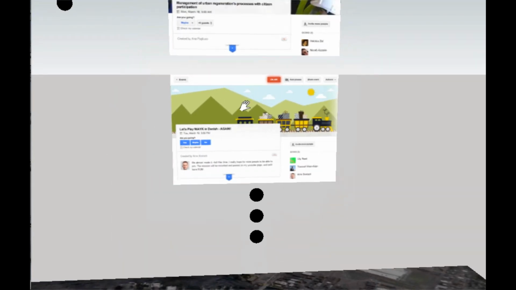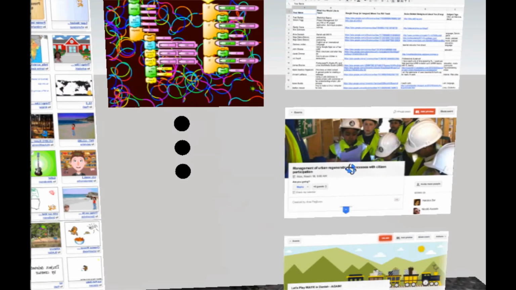So as typical with a cMOOC, stuff is all over the place, right? And that's part of the fun of cMOOCs and the creative aspect. And every cMOOC is different in terms of the tools that are used.